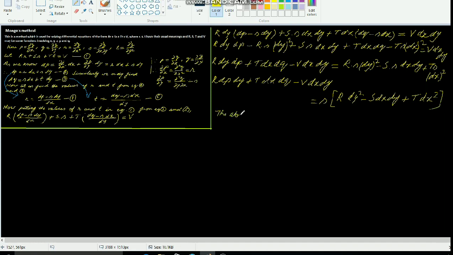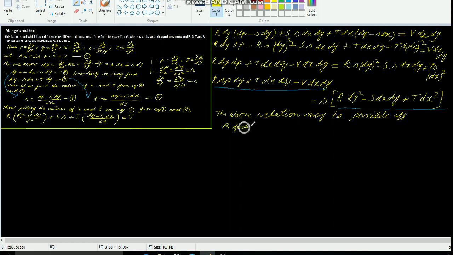The above relation may be possible if and only if the values of this expression and this expression are 0.